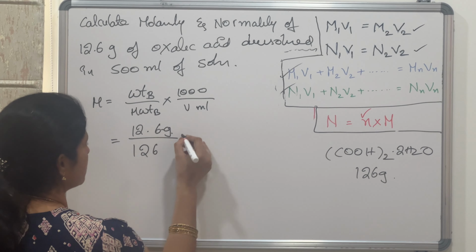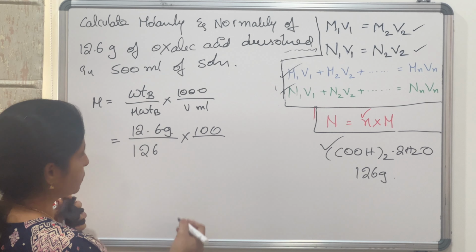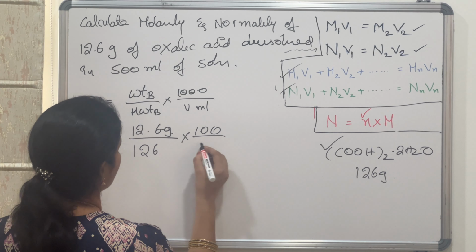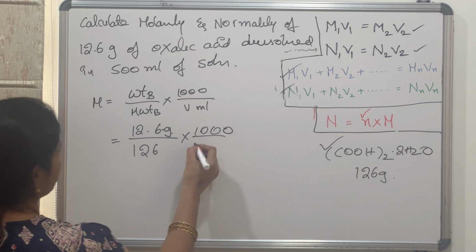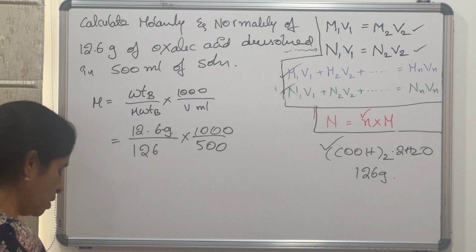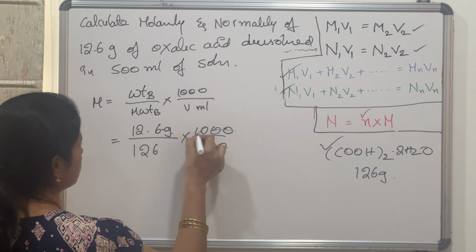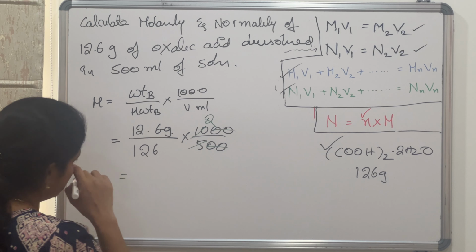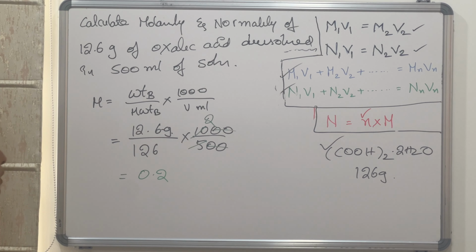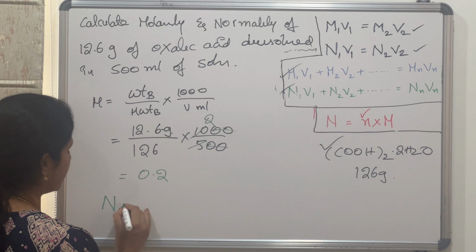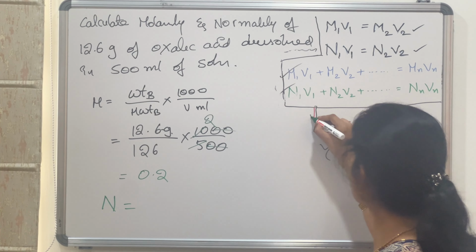So here it is 126 into 1000 by the volume given in the question, that is 500 ml. So it is 0.1 into 2, 0.2. Molarity is 0.2.